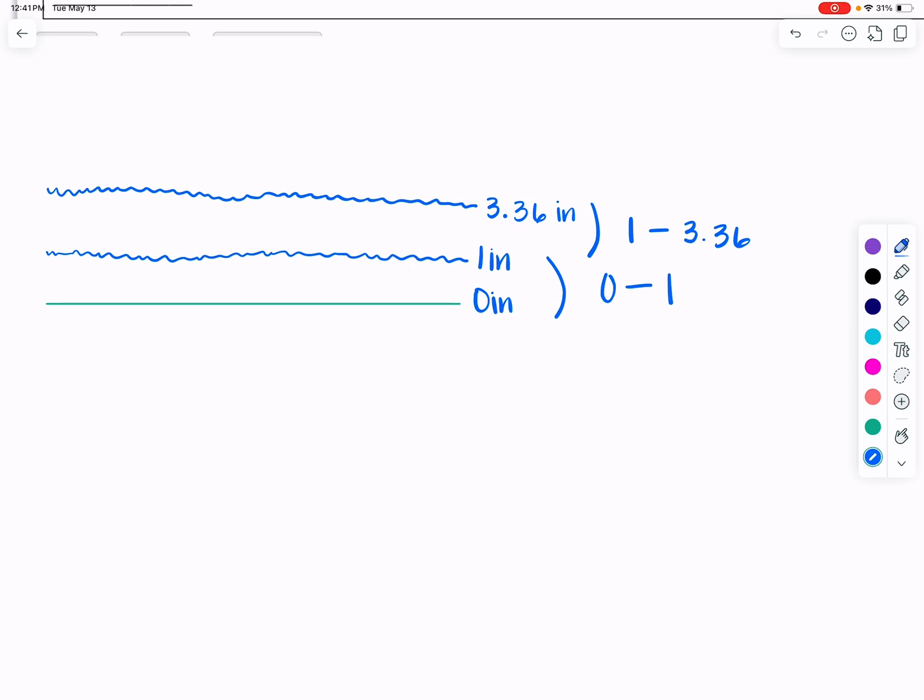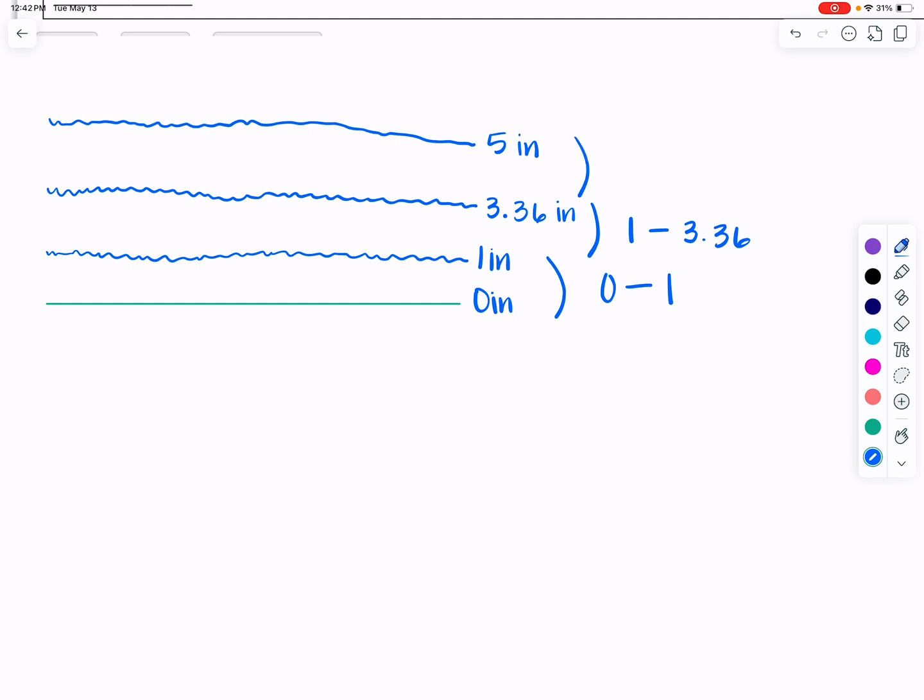And then maybe the next time I go out, I'm at 5 inches of snow. This drawing is not to scale, and this is very magical snow that can fall in exact inch increments, just so you know.